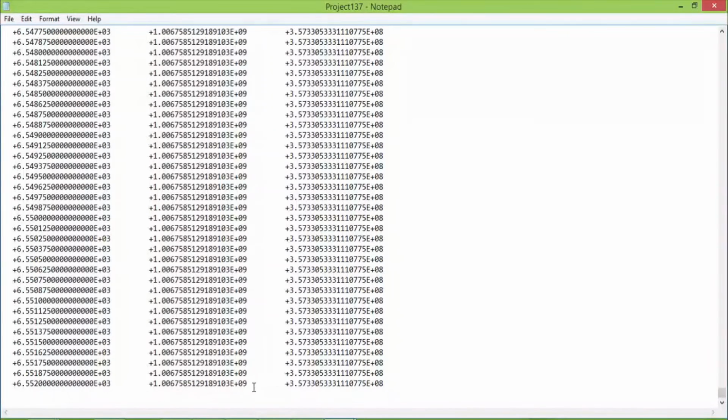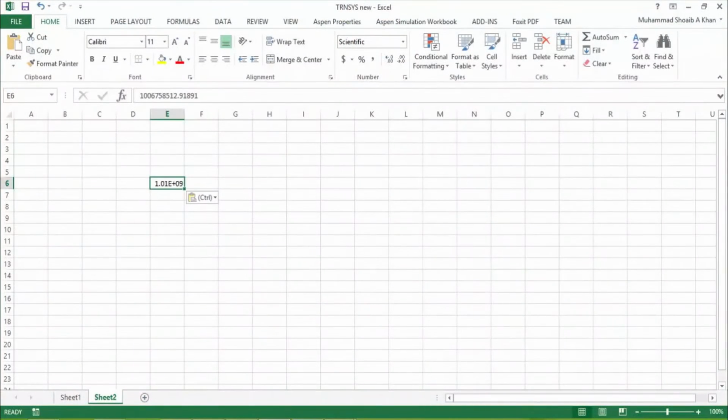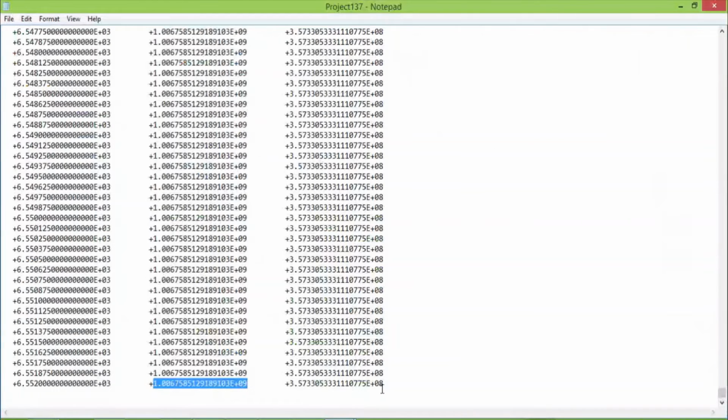This is time, so this is the Q useful, and this is Q auxiliary.